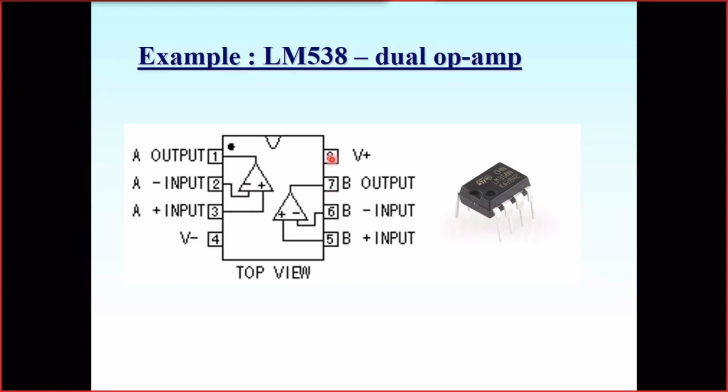They have a common power supply, so the plus and minus legs for the connection of the power are common for both amplifiers, but each has its own inverting and non-inverting input and output, and the same for the other side.